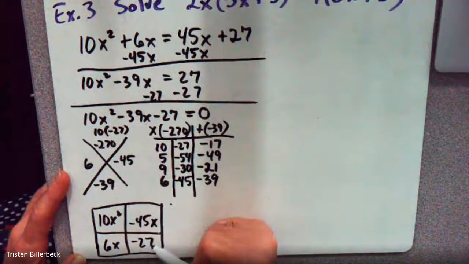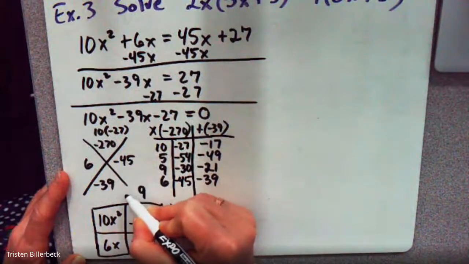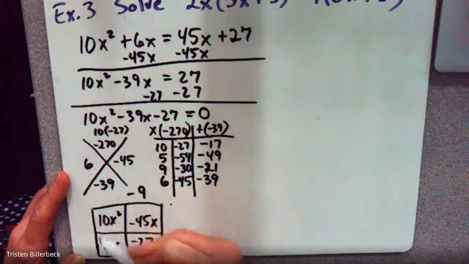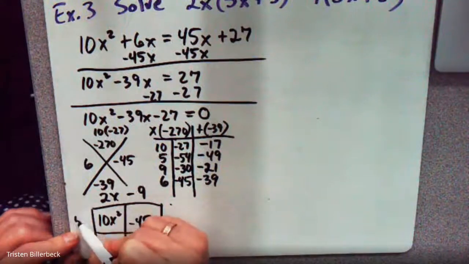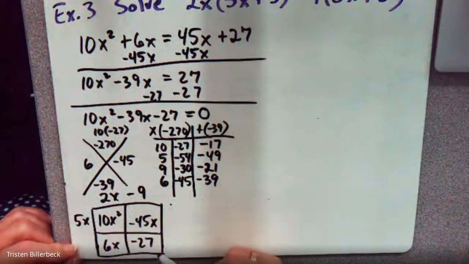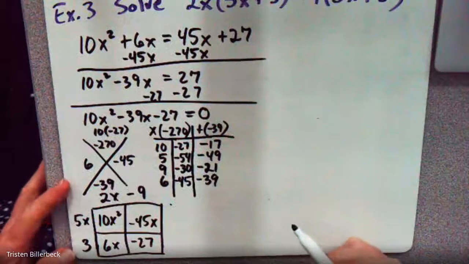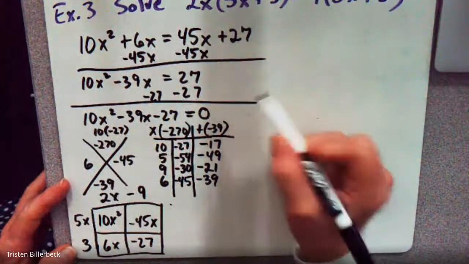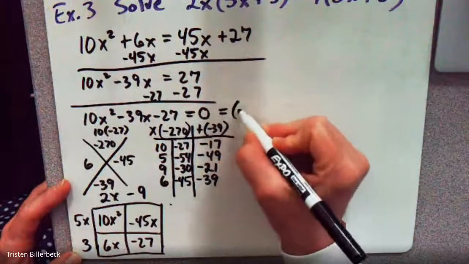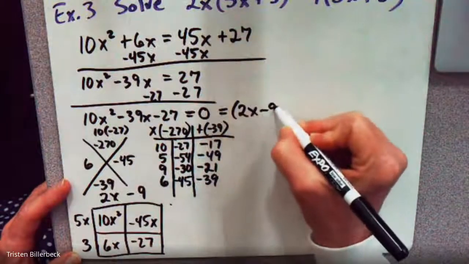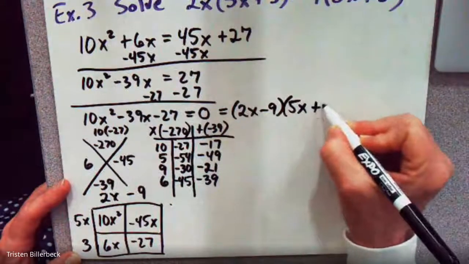So our greatest common factor will be 9, negative 9, and this one will be 2x. This one we have 5x, and here we have 3. Okay, so this is going to factor as 2x minus 9 times 5x plus 3.